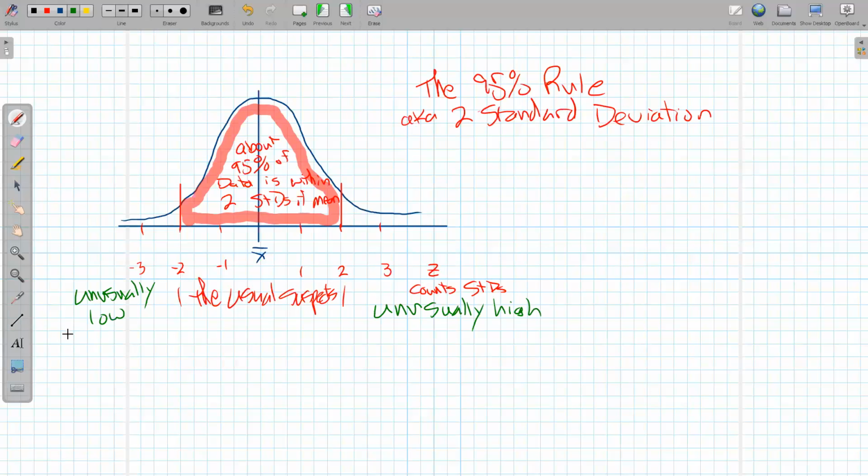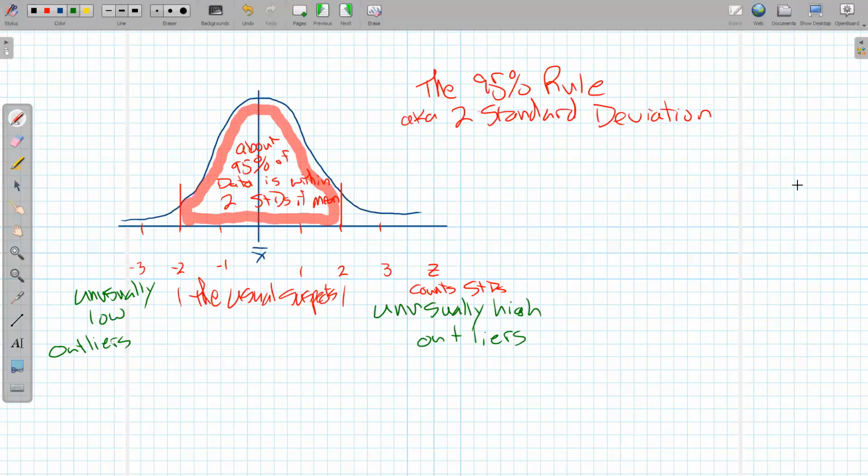These numbers are also referred to as outliers. Now, outliers aren't necessarily wrong or bad. They're just different than most of the other suspects that we have. They're not usual.